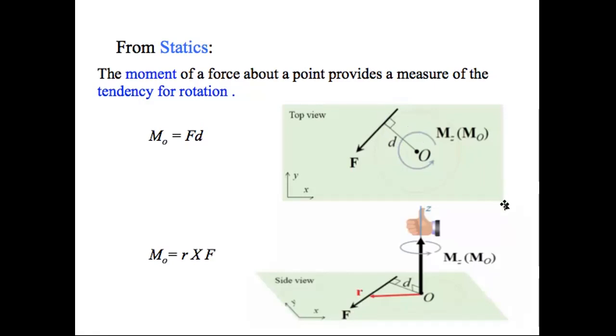In vector form, the moment is calculated by the cross product of the position vector and the force vector. The position vector must start from the reference point, but it can end anywhere along the line of action of the force.